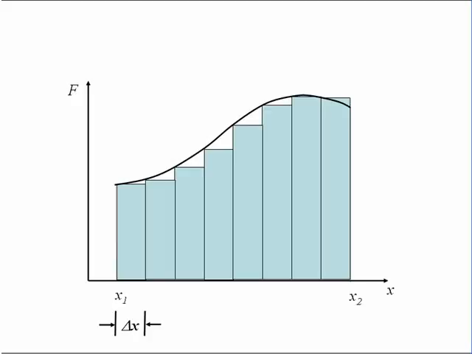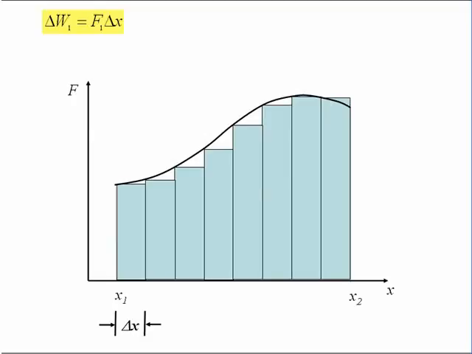During this small displacement, the force F can be considered as nearly constant, and so the work done during the small displacement delta x is given by delta W1 equal to F1 delta x, where F1 is the value of the force at x1.